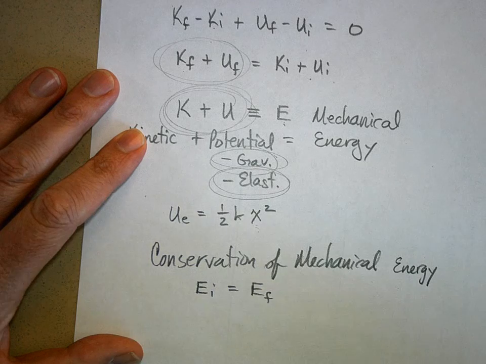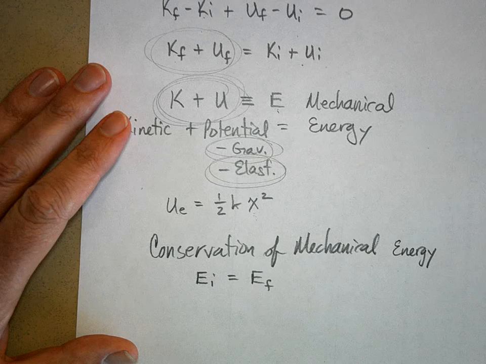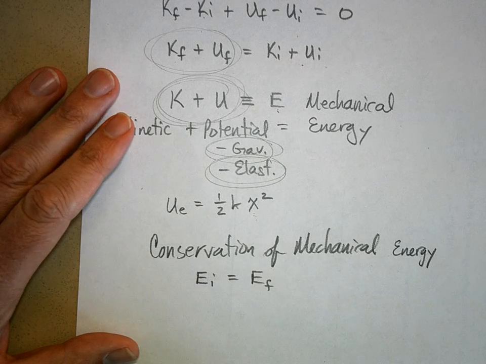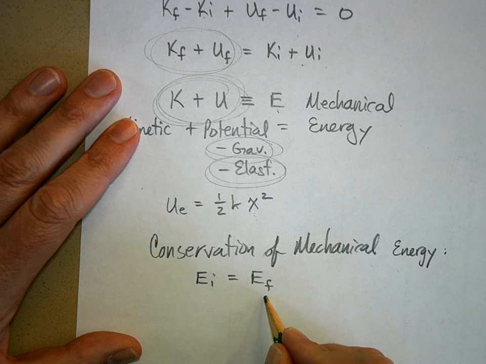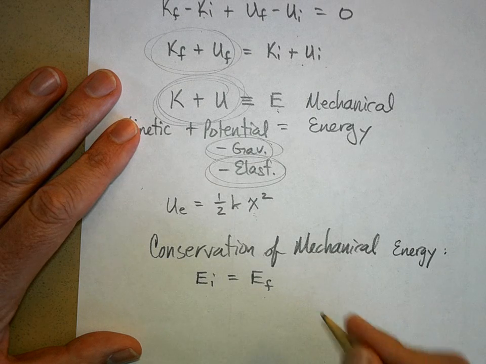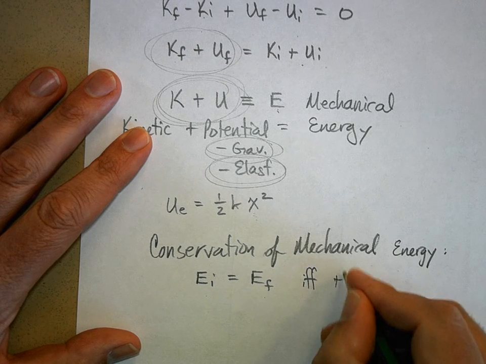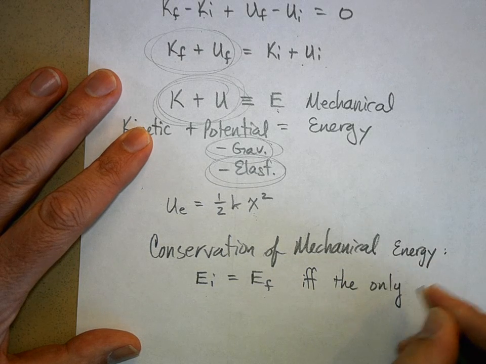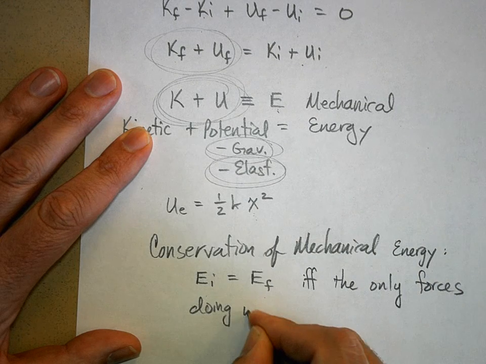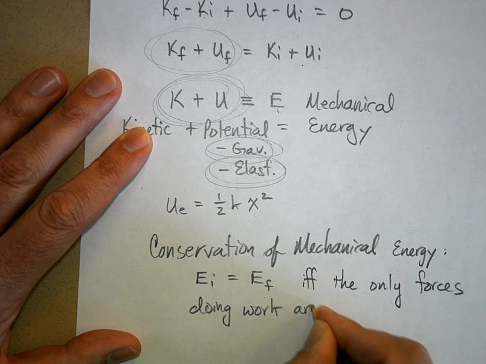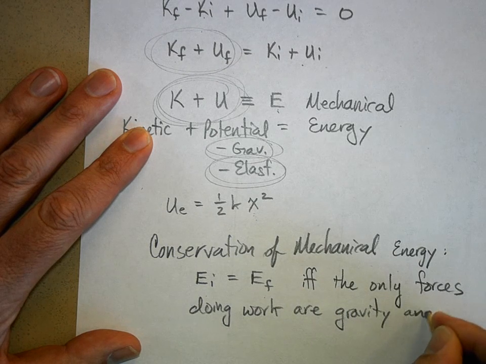Okay, it's a pretty simple little equation, huh? Now, mechanical energy is conserved. In other words, the energy I started with is going to be equal to the mechanical energy I end up with if and only if the only forces doing work are gravity and springs.